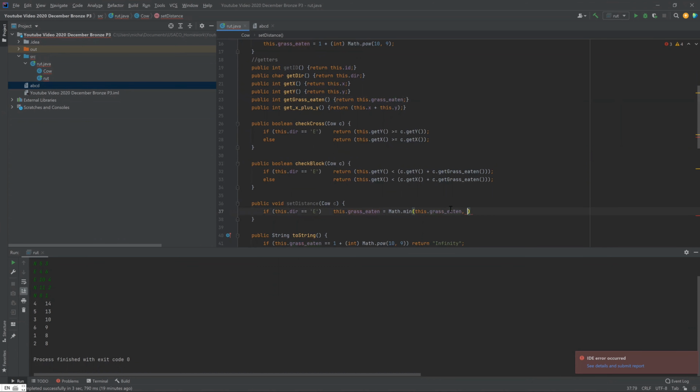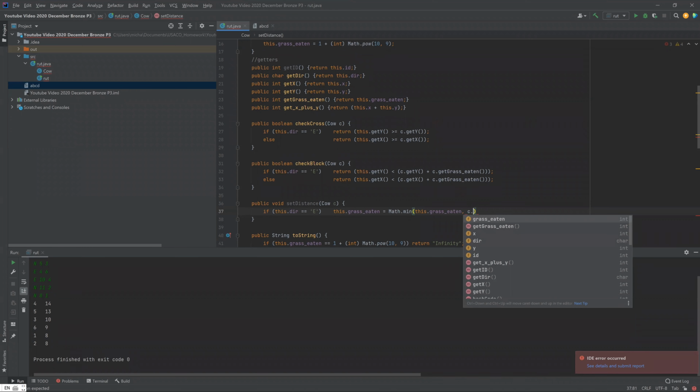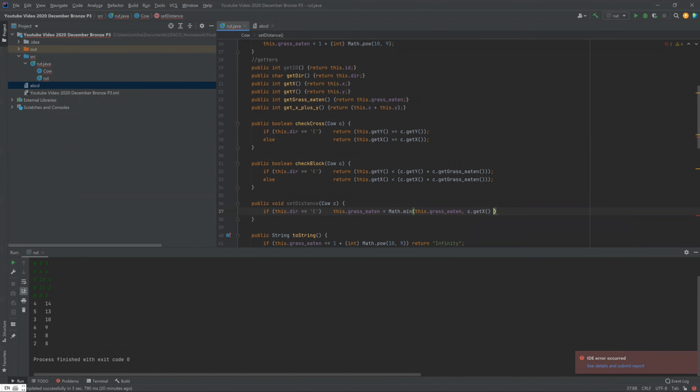Okay, and yeah, my variable names are not good. And their x coordinate minus my x coordinate.